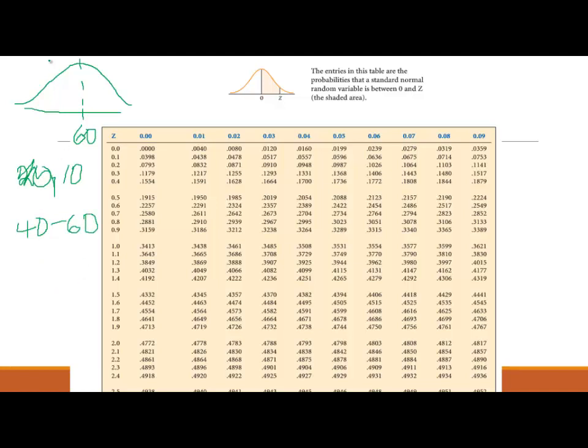So the question is, turn it into a z-score. We are looking at this side now. $40,000 over here, and I'm asking about this area. What is the probability that they make between $40,000 and $60,000?